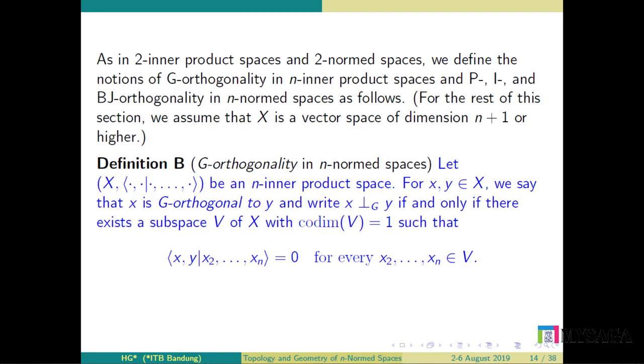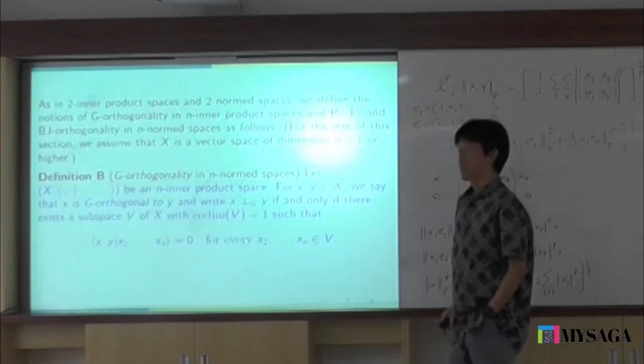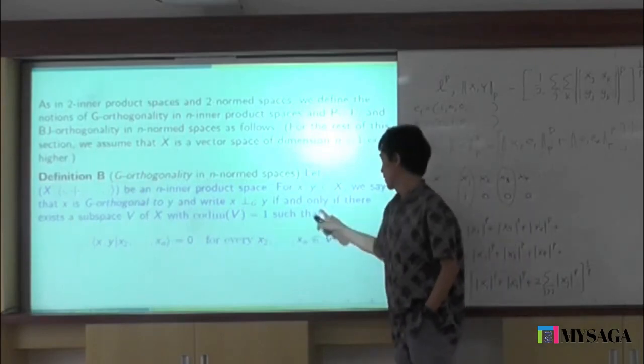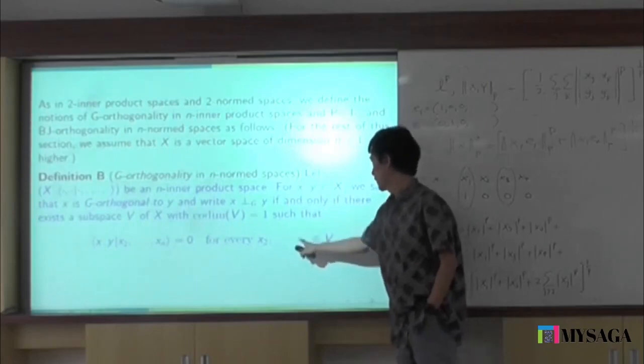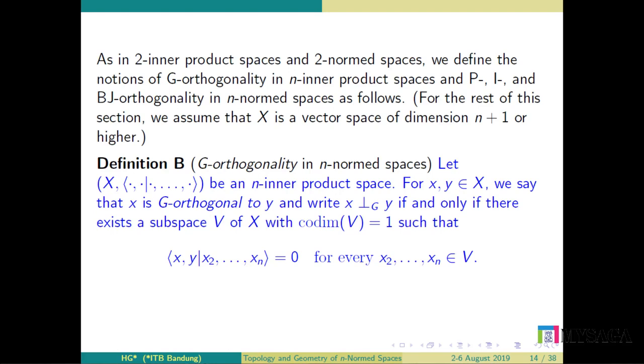We still have the analog condition, that is the existence of a subspace V of codimension 1, such that this condition holds for every x2 up to xn in V.